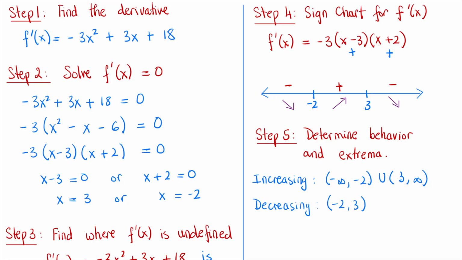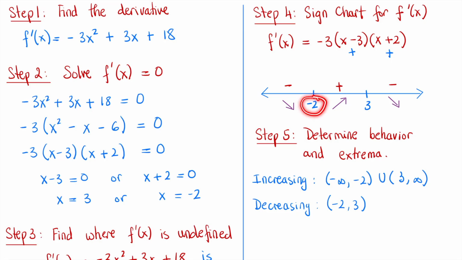Next, I need to find the local extrema. At x equals -2, the function goes from decreasing to increasing. So at this point, I have a local minimum. So I have a local minimum at x equals -2.